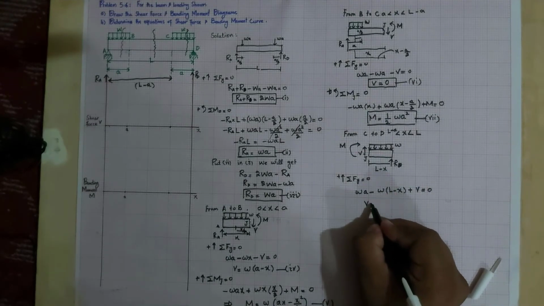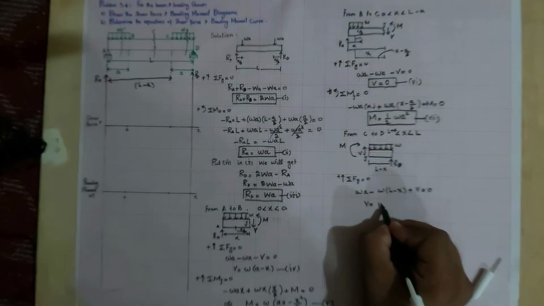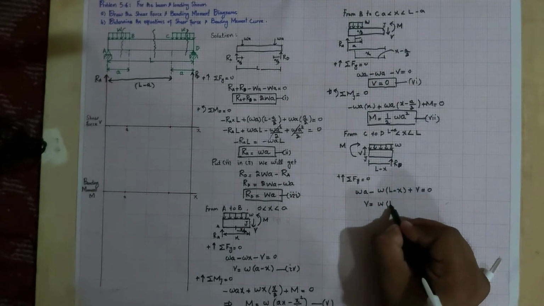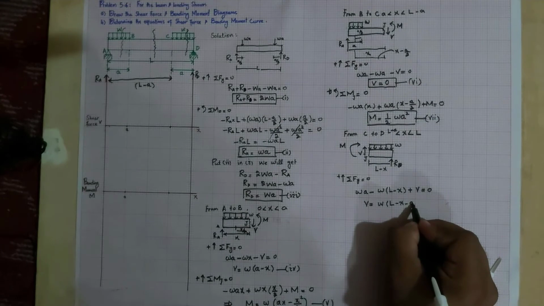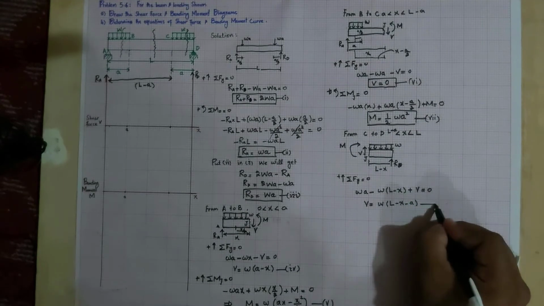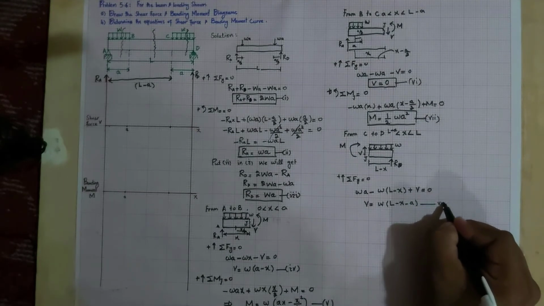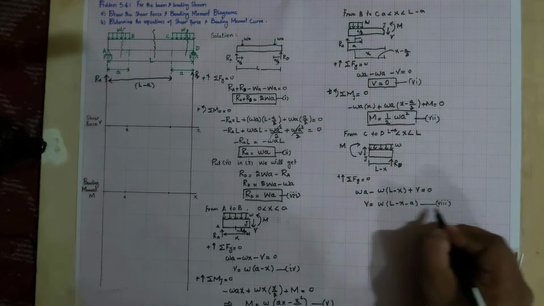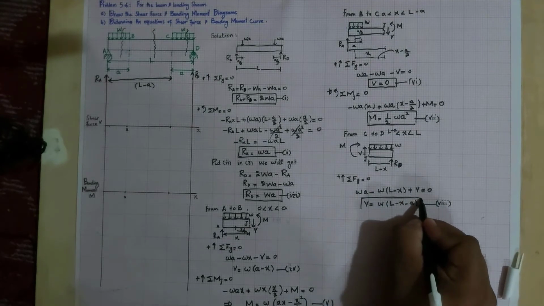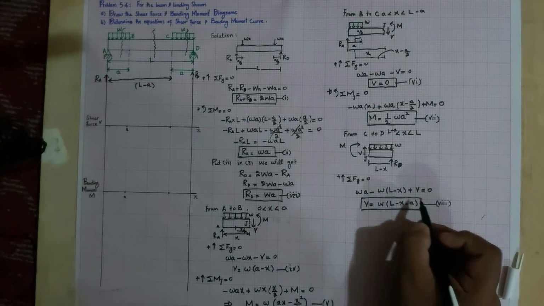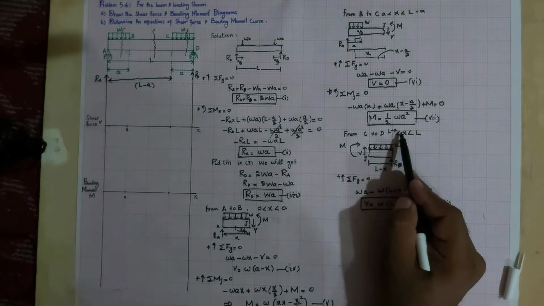So from here we get V equal to W into L minus X minus A. So this is equation number 8. And this is the shear force equation for the region when X is greater than L minus A and less than L.